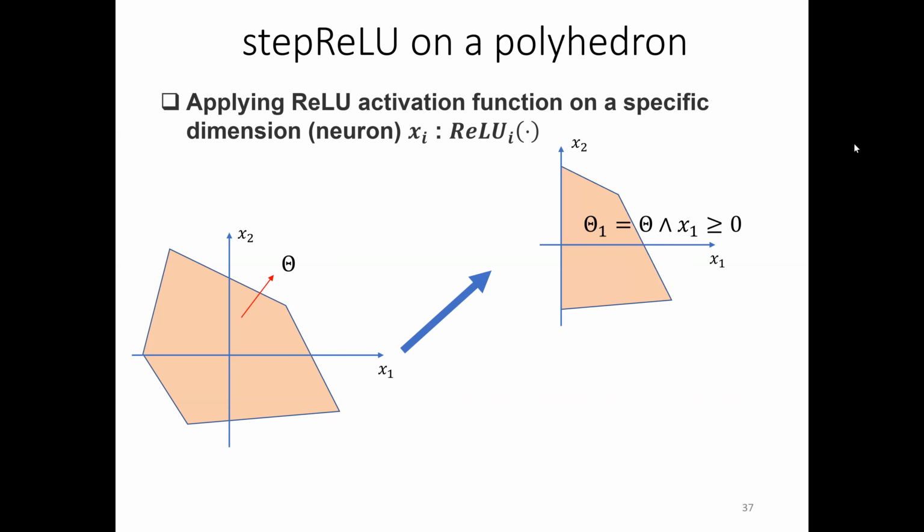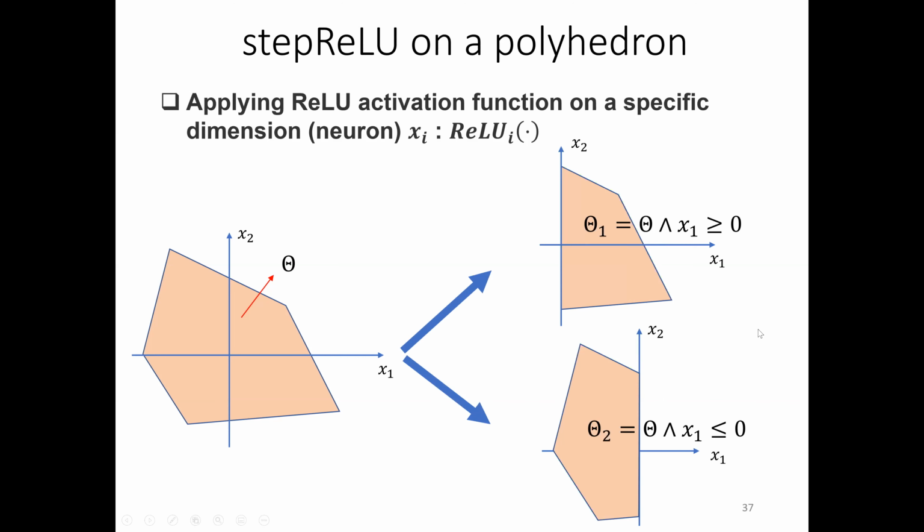So when I want to apply the ReLU activation function on x1, we need to consider two cases. The first case is x1 is larger than 0, and the second one is x1 is smaller than 0. Only two cases.